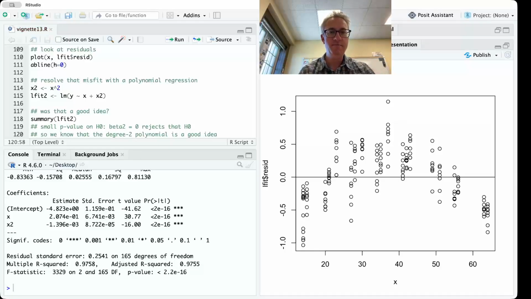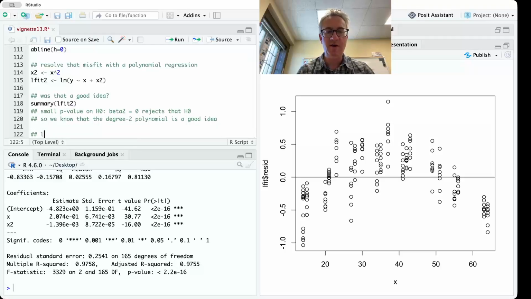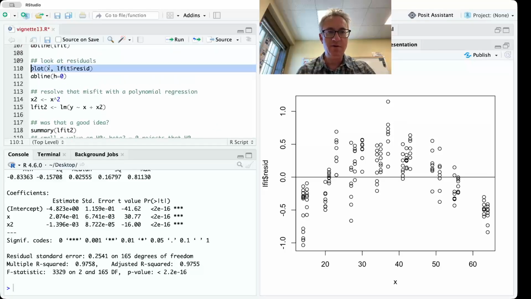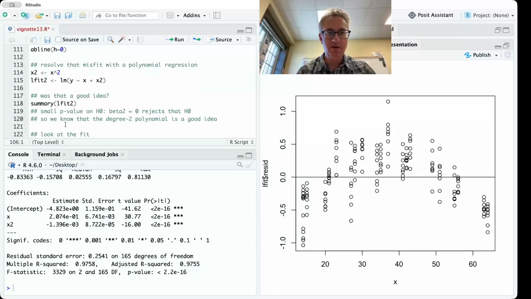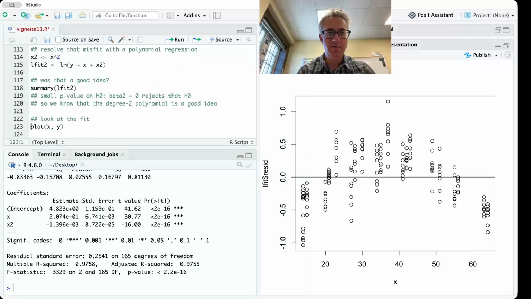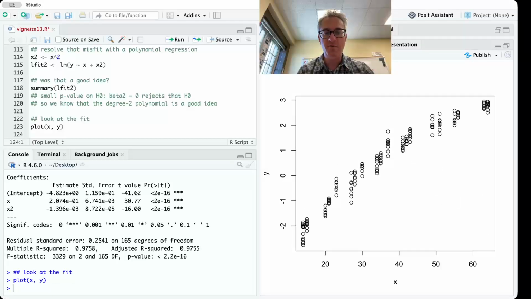Okay. So let's look at the fit that we got. So let's go grab this x and y. Right, we made that plot before. We need a predictive grid. So x is sequence from min of x to max of x, length equals 1,000.